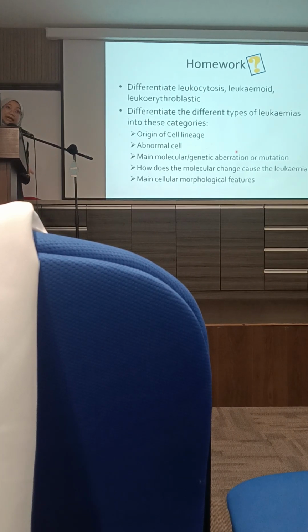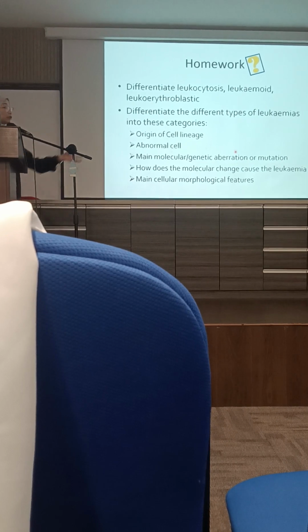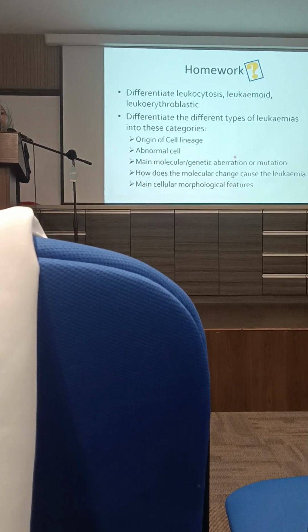APML is a little different, CML is a little different, right? And what are the main morphological features that you would expect to see? If you can do this, you have studied leukemia and can carry it through to final year. Alright, thank you.